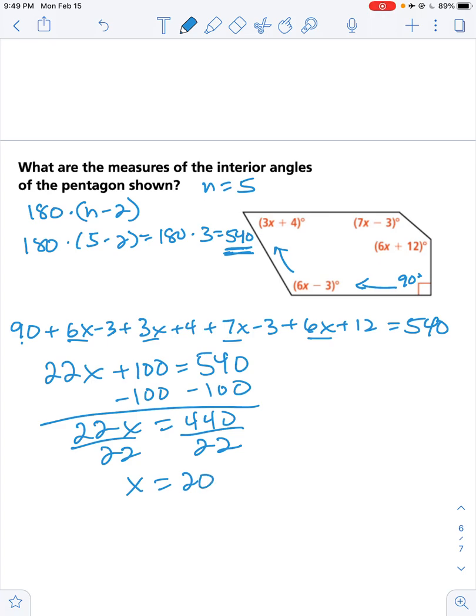So if I want to figure out what the measure of all of the angles are, then I need to plug in this 20 into each of these. So then I'm going to have, and I'm going to do some mental math here.